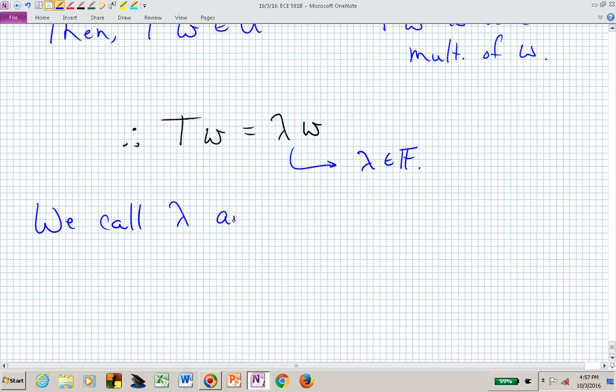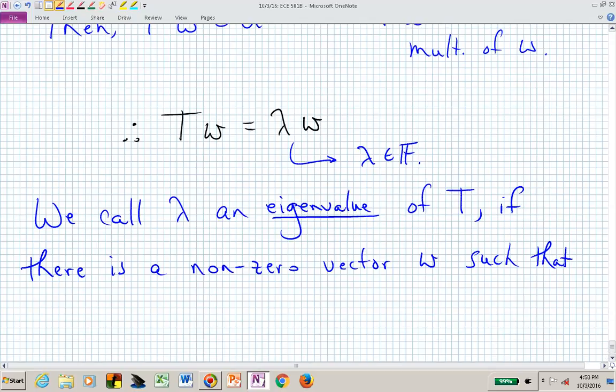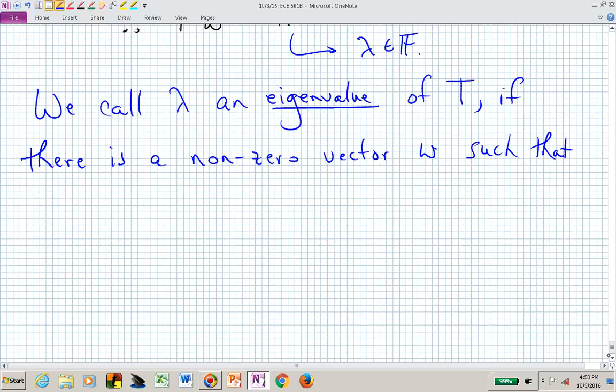We call lambda an eigenvalue, and it came into being because we assumed we had a subspace U that was one-dimensional, that was invariant under this map T. We call lambda an eigenvalue of T, our linear map, if there is a non-zero vector w such that Tw equals lambda w is in fact true.